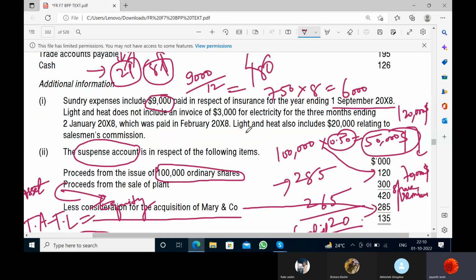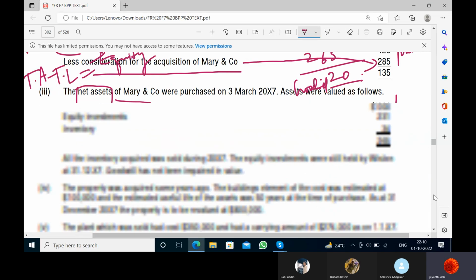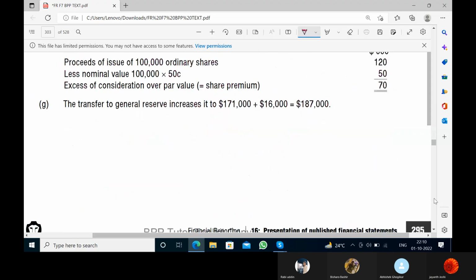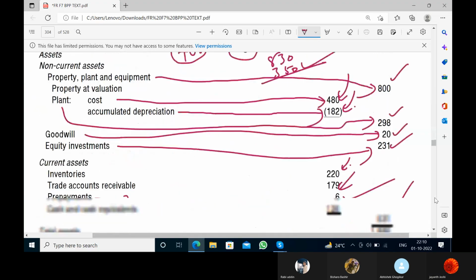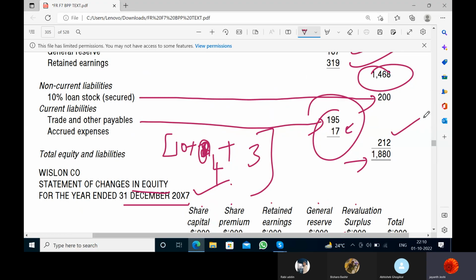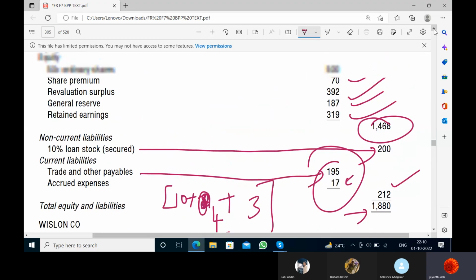Light and heat also includes 20,000, but here light and heat does not include an invoice of 3,000. That means 3,000 is outstanding. We will add that. So all this makes 17, and when you add these two, you get 212, and this is the total of the balance sheet. Okay, so just see this.